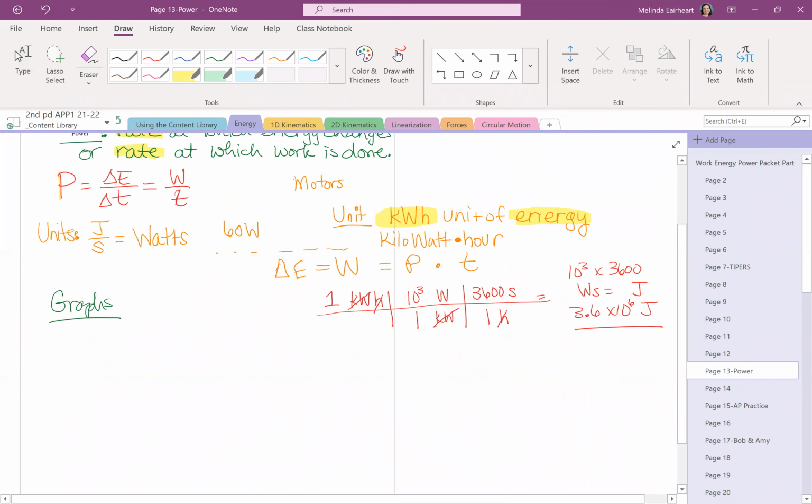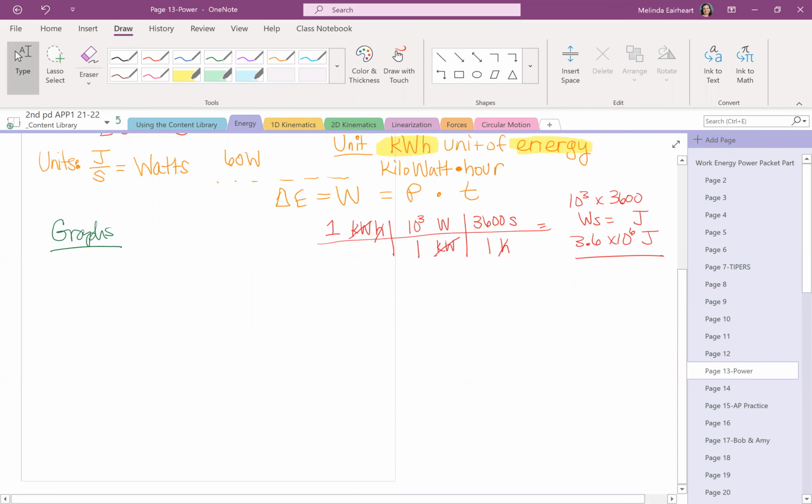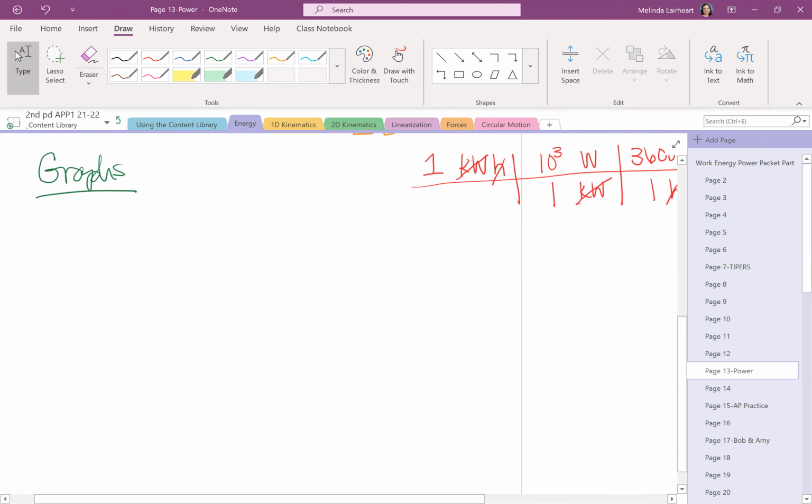Okay, let's take a look at graphs. And so graphs, I mean, we're still dealing with boxes moving. All the graphs from the fall are still up for grabs. Position graphs, velocity graphs, acceleration graphs, force graphs, all that was typically versus time. A new type of graph to get familiar with, okay? And there's at least one question I remember in this packet that has it, is a force distance graph.